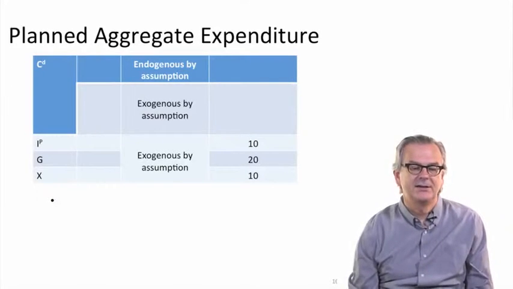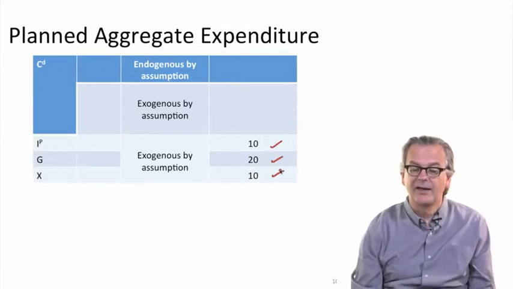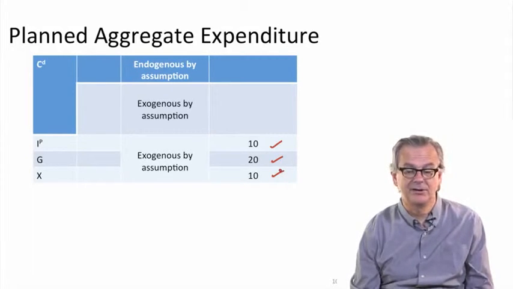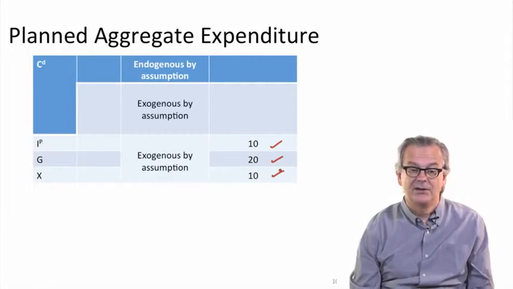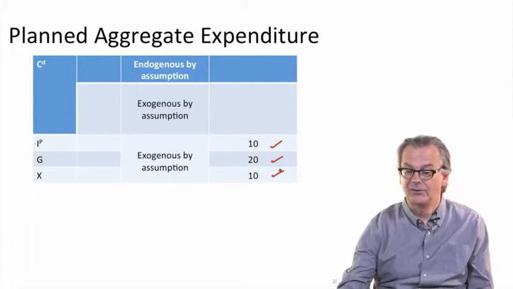So we now are starting to get a very complete picture of planned aggregate expenditure. It has three very clear exogenous components, our planned injections, and here I've just added in some arbitrary numbers to give us some structure for this picture of planned aggregate expenditure that we're building up. So there's nothing special about those numbers. I've literally just made them up. Consumption, slightly more complicated than planned injections because it has both an endogenous and an exogenous component.